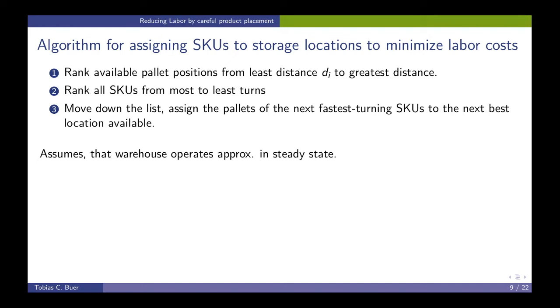And then we just take the first pallet position and assign it to the first SKU in these two lists. We take the second pallet position and assign it as a storage location for the second SKU, and so on and so on. And when we do this, then we can minimize the labor costs.